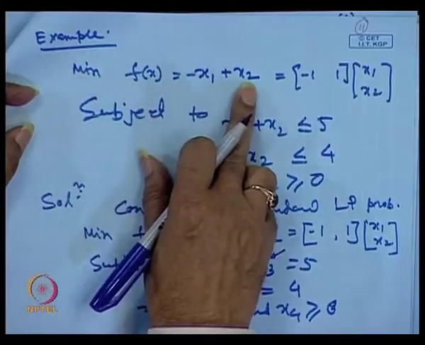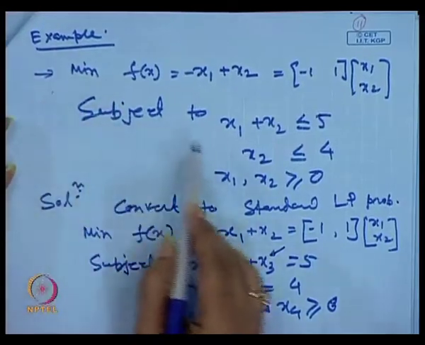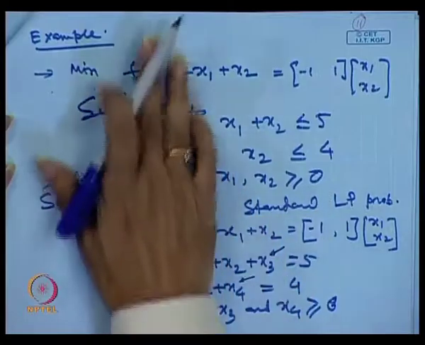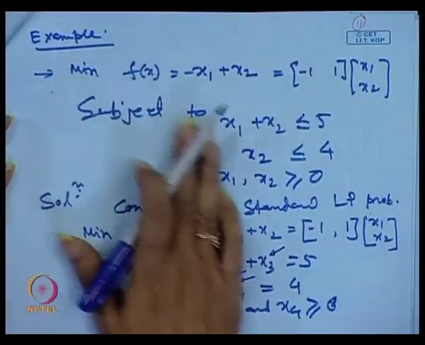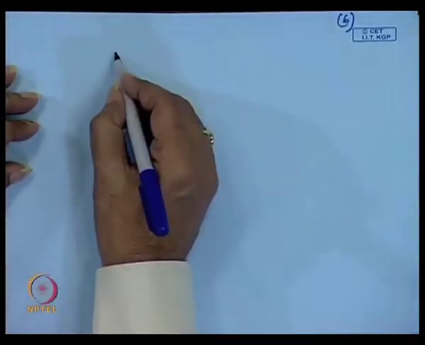Let us see the statement of the problem. This is our objective function in our original problem, and this is the constraint on the problem. If you draw these equations and the objective function on graph paper, you will see that our problem looks like this.